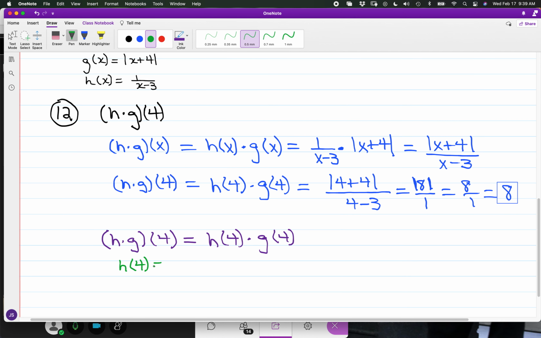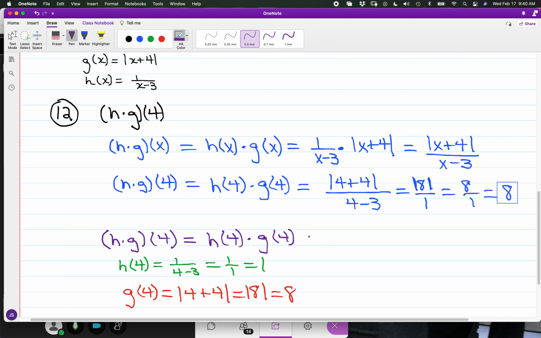With h of 4, I have 1 over 4 minus 3, and that's going to go to 1. As for g of 4, we have the absolute value of 4 plus 4, which is the absolute value of 8, which goes to 8.